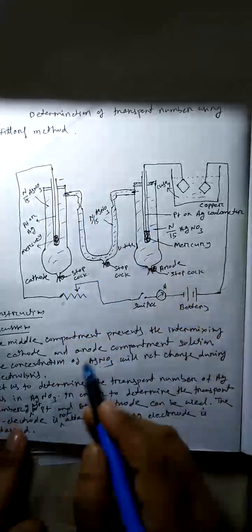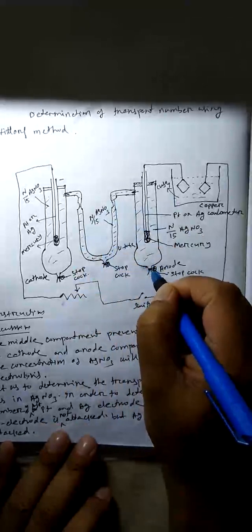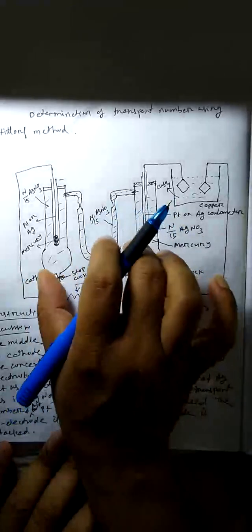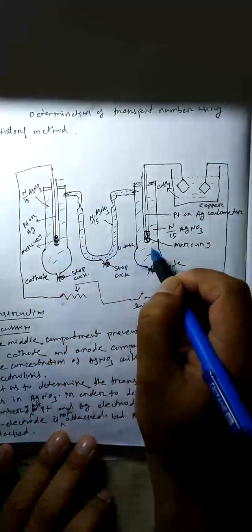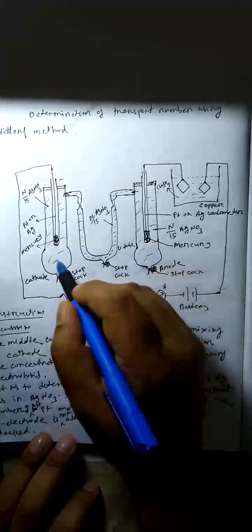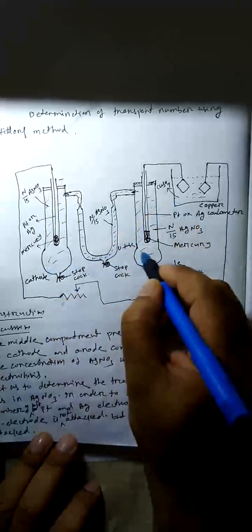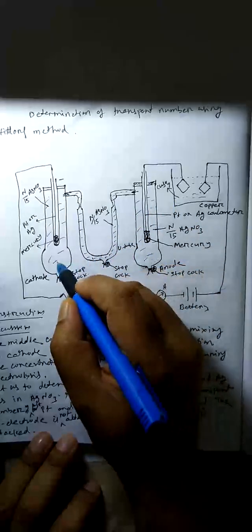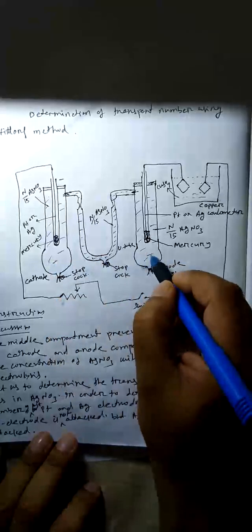After the electrolysis is over, there is an appreciable change in the concentration around the cathode and anode compartment. There is a considerable decrease in the concentration of silver nitrate in both cathode and anode compartments.